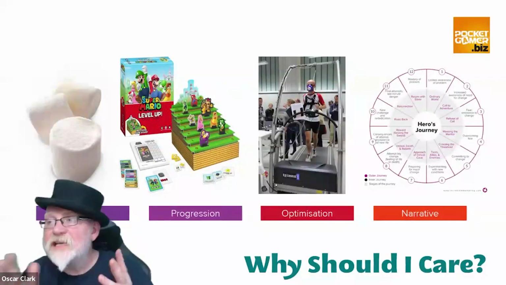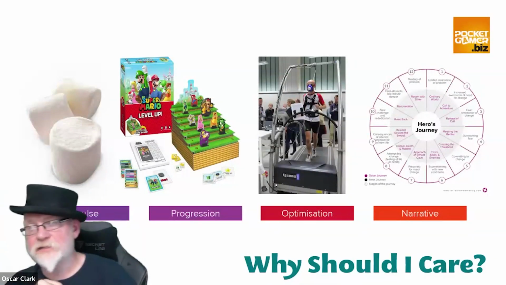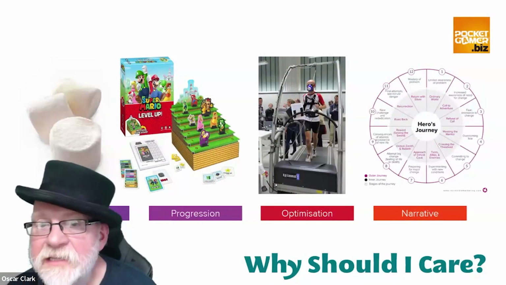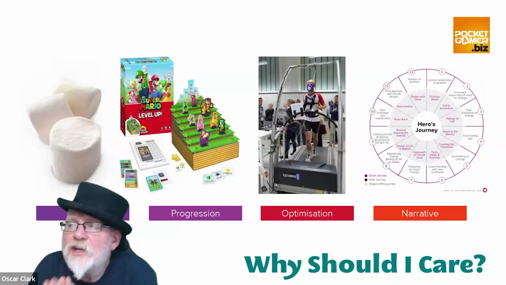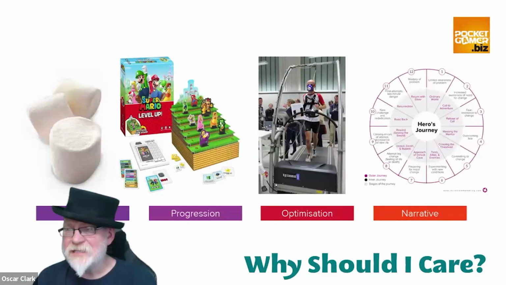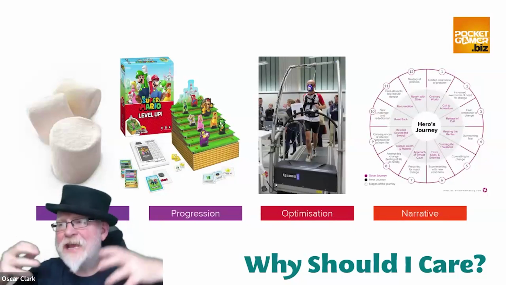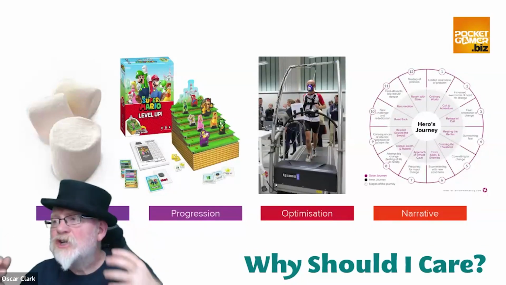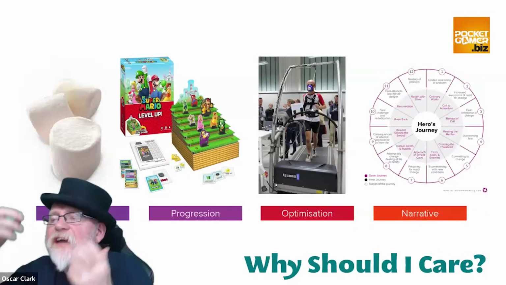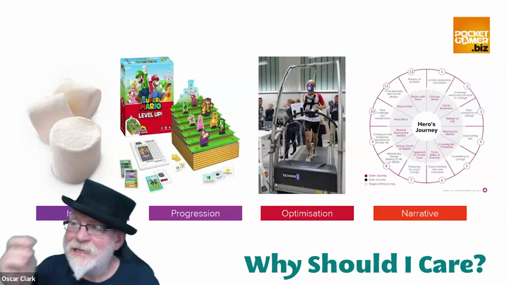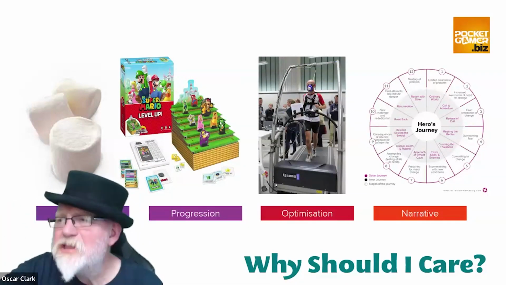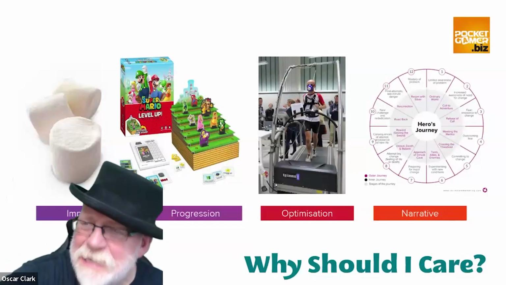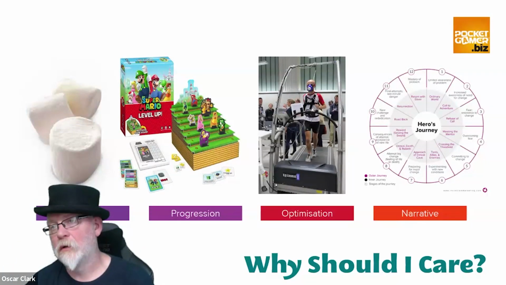We also have to understand some of the other things. So we have to understand impulse. We have to understand things like progression and optimization. Do not underestimate the power of optimization. A player will spend forever trying to have the most perfect way to solve the puzzle. And the more ambiguous your game design is, the more room there is for optimization, the deeper down the warren they will go.